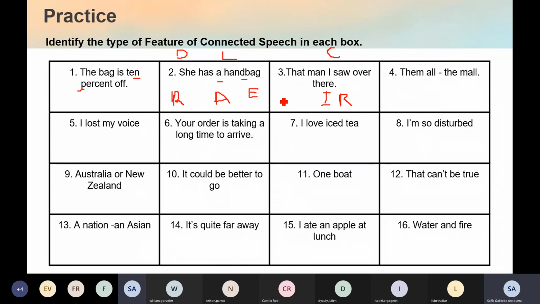Now, for intrusive, we don't need the R. It's like we put it there, but it's not necessary to have it. In this case, it's really similar to linking, but it's another word. Should I tell you the word? Okay, I'm gonna tell you because you will see it in the next examples. In this case, it is juncture.